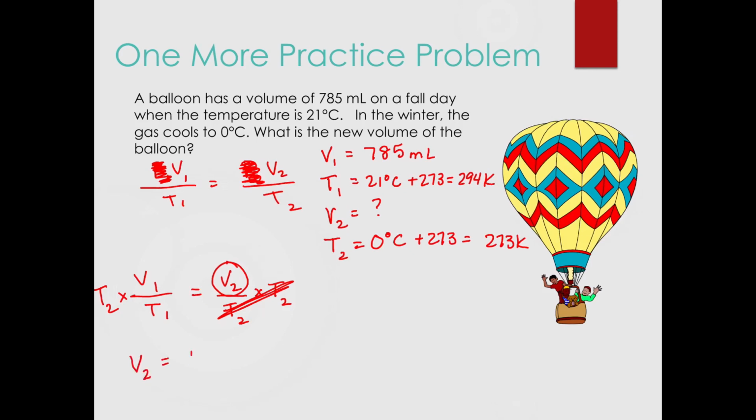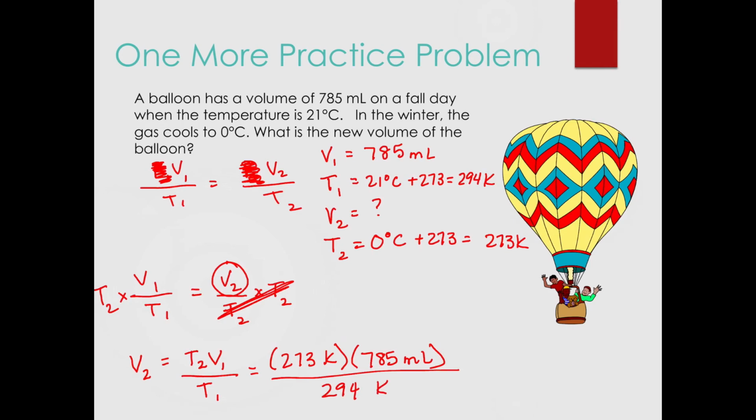So V2 is equal to T2 V1 over T1. Our T2 was 273 Kelvin, our V1 was 785 milliliters, and our T1 was 294 Kelvin. So we can multiply that out, and we get 729 milliliters for the balloon, which should make sense, right?